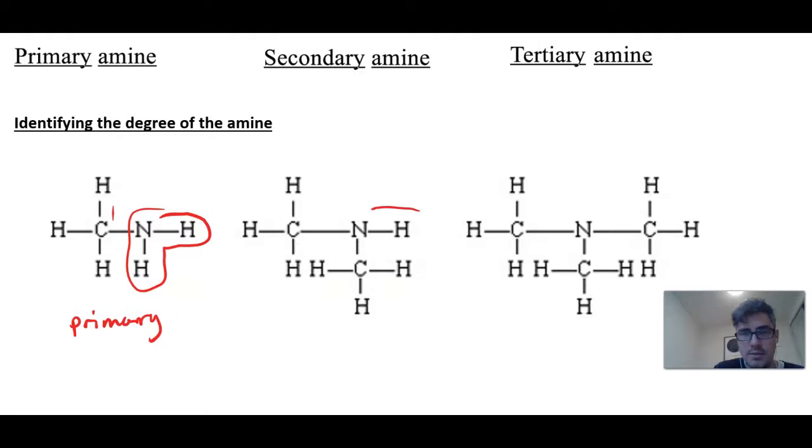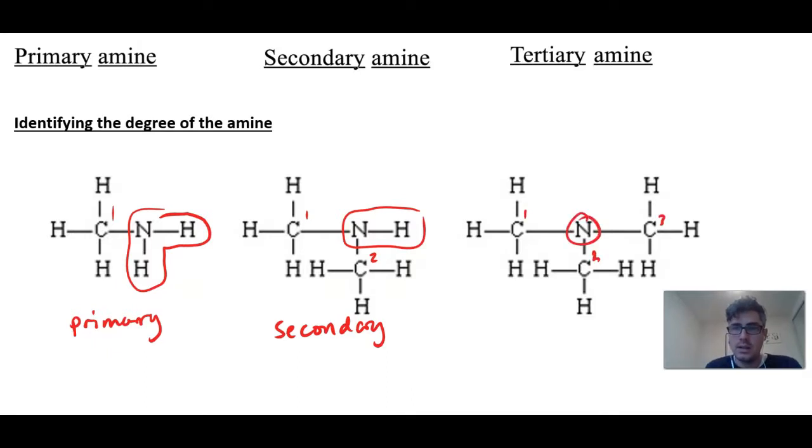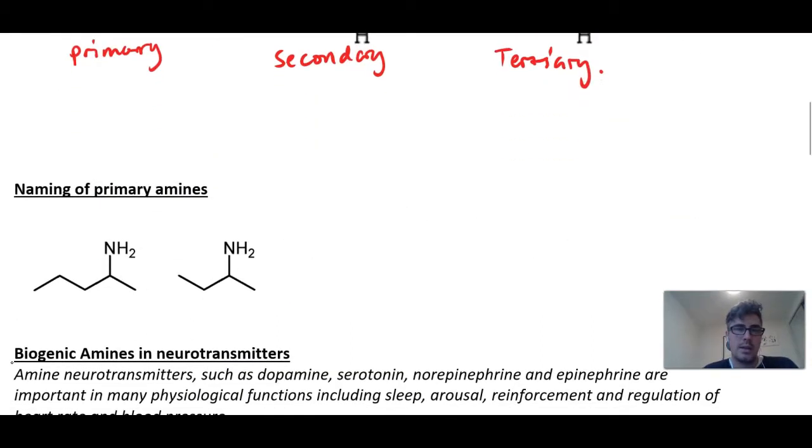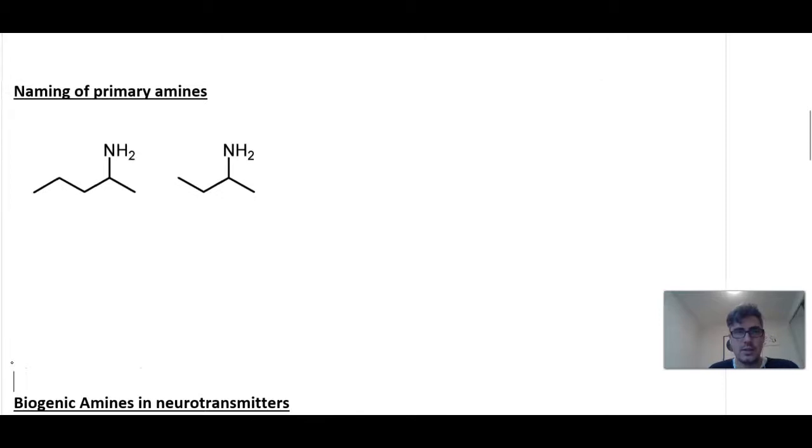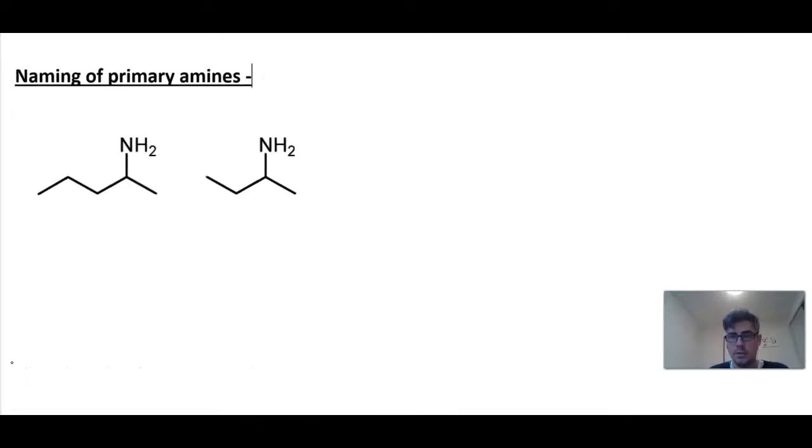This one here is attached to two alkyl groups, which are both methyl groups again. So this is a secondary. And then this one here, 1, 2, 3, is attached to three, so there's actually no H's on the N now. And that's a tertiary.